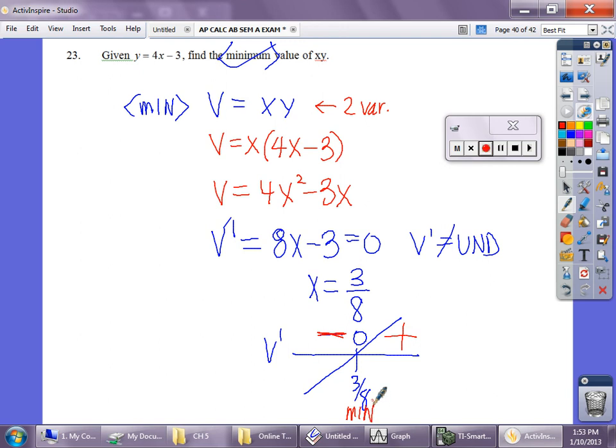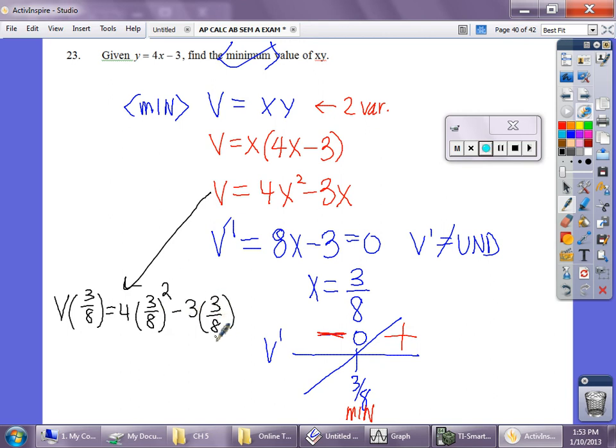And the minimum value says that I have to take my x and put it into my value equation. So my value, I want to do it at 3/8, would be 4 times 3/8 squared minus 3 times 3/8. So we end up with 4 times 9 over 64 minus 9 over 8, 16.